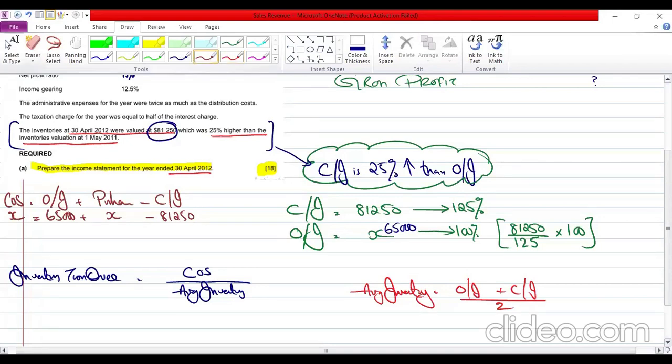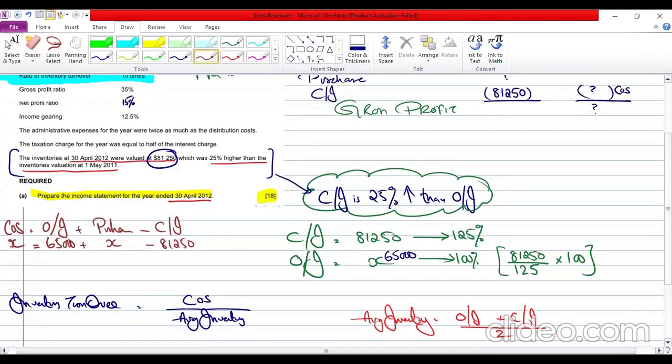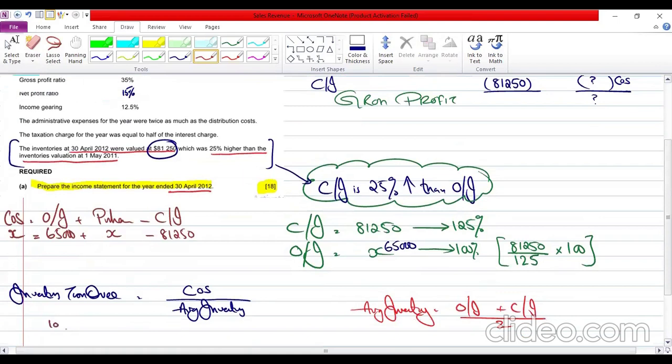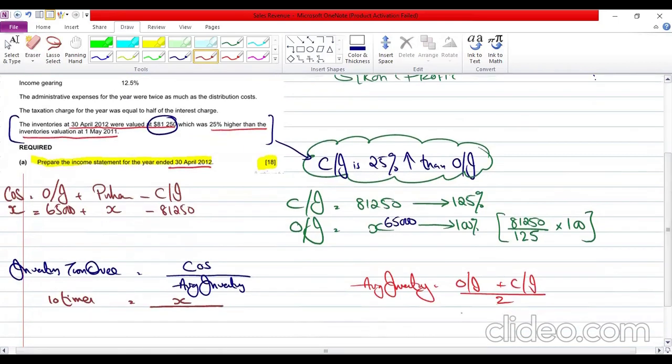Inventory turnover is given here as 10 times. We are here to find out cost of sales. The average inventory formula is opening plus closing divided by 2.